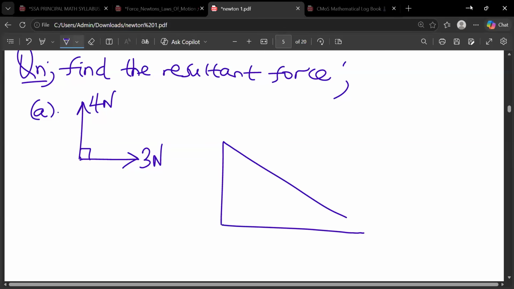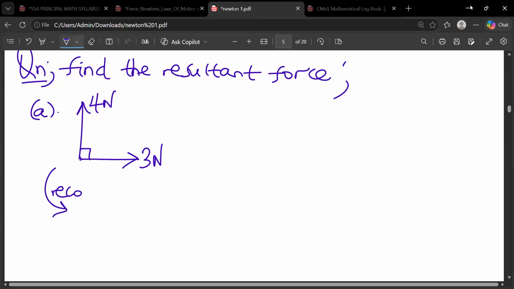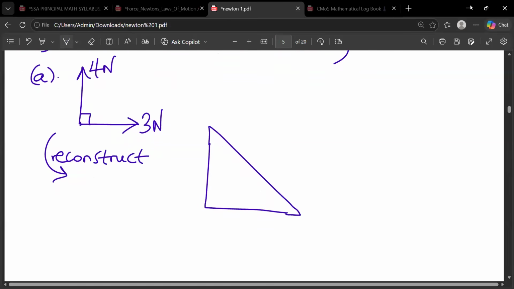So you come and have your diagram. You're supposed to reconstruct so that you come out with a perfect diagram, even if it is small but perfect. I think in that lesson I told you about using a ruler. So using a ruler is very key.